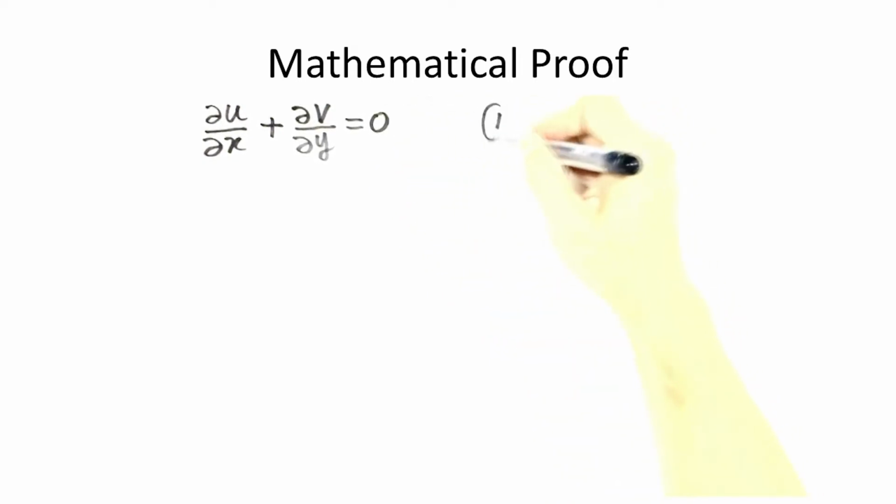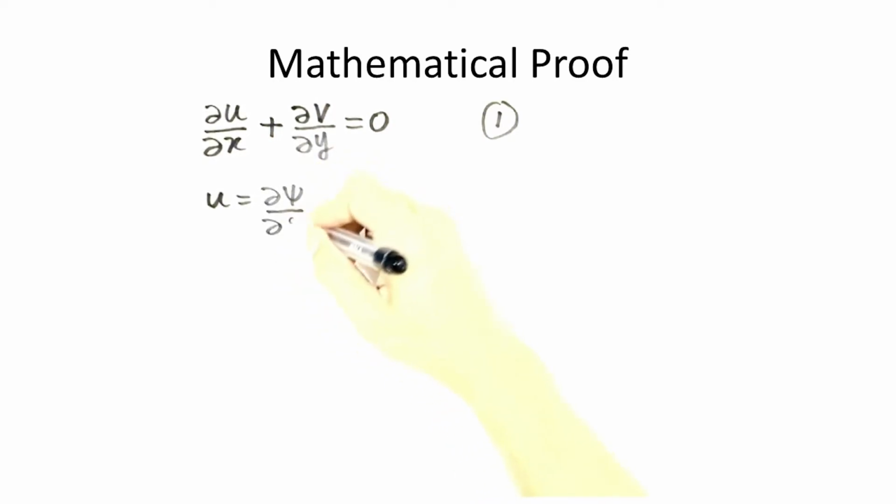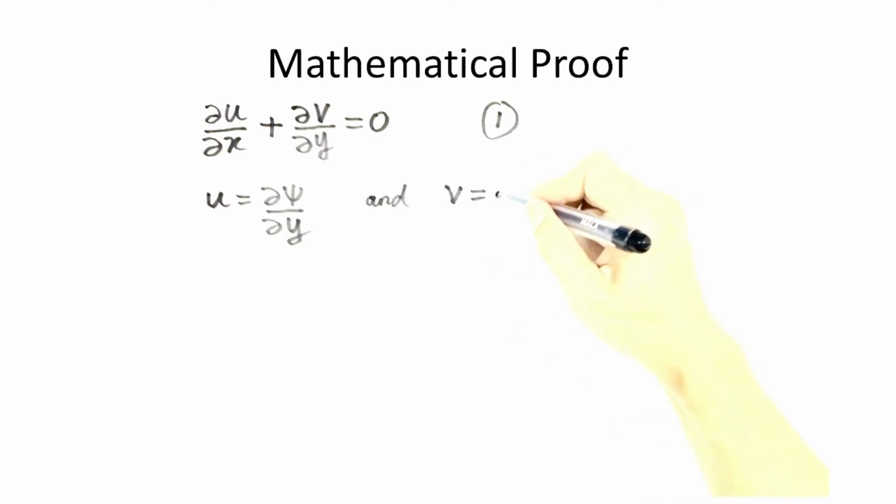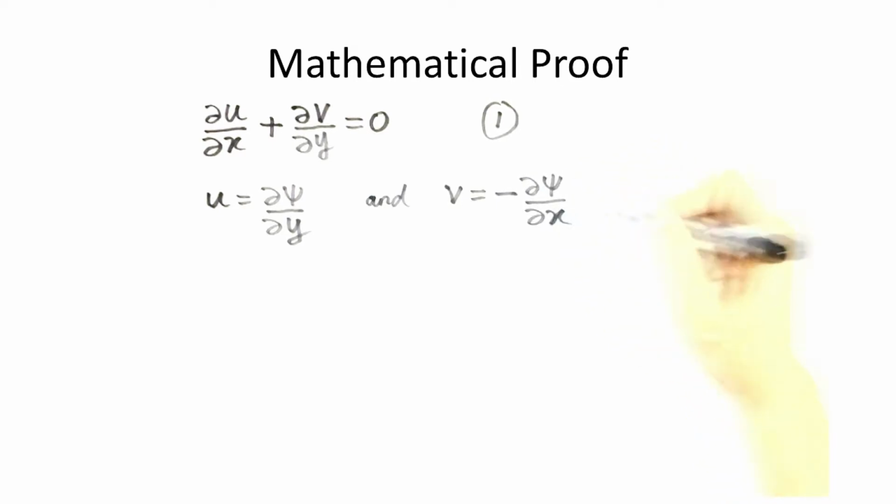Equation 1. And the stream functions: u equals ∂ψ/∂y and v equals negative ∂ψ/∂x. Equation 2.